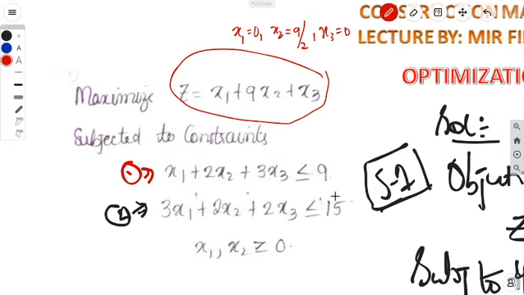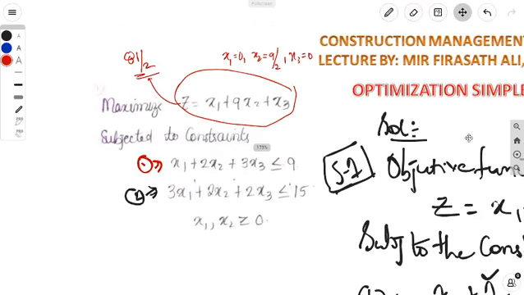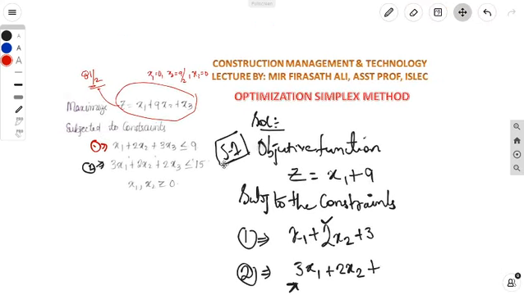So at last we'll get the value of z as 81 by 2. This is nothing but the maximum value. I hope you people have understood this problem.